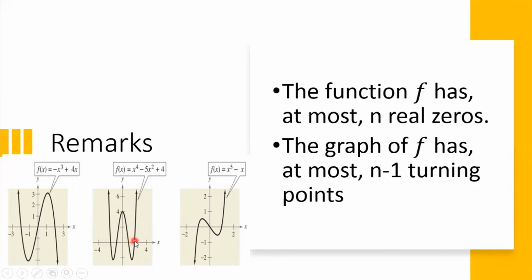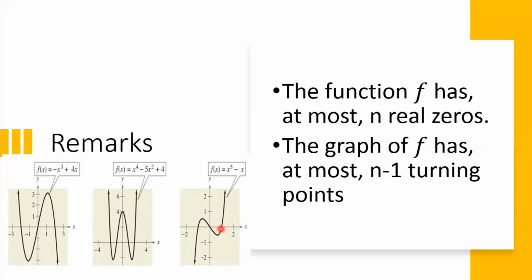So in this case, we have 4 zeros. Again, to find the zeros, we equate this to 0, then we solve for x. Now, how about this? How many zeros do we have? By just looking at the graph, we only have 1, 2, 3, right?